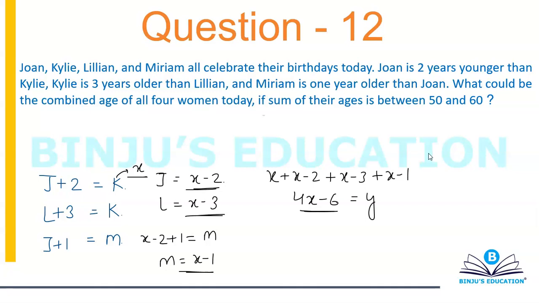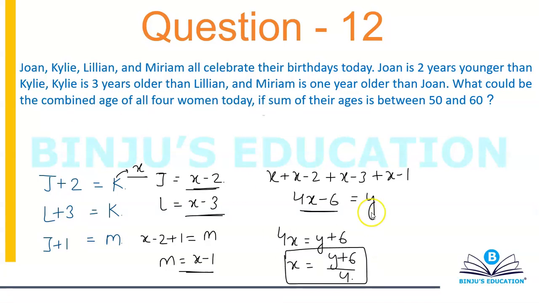Then I can rewrite that 4x will be equal to y plus 6 and x should be equal to y plus 6 divided by 4, and x should be an integer value because they have their birthdays today, and x represents the age of Kyle, so x has to be an integer value.